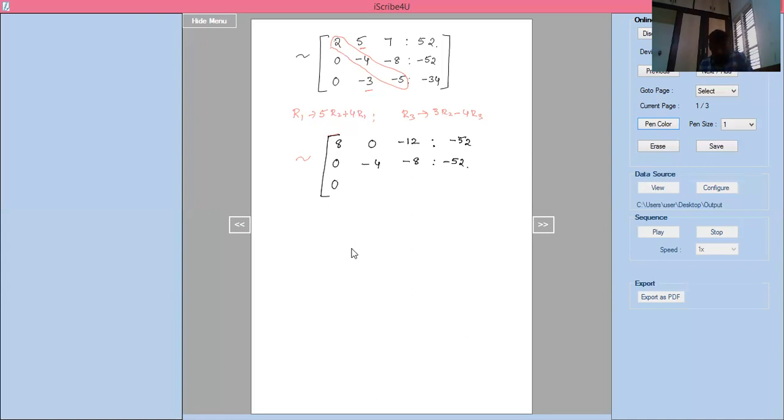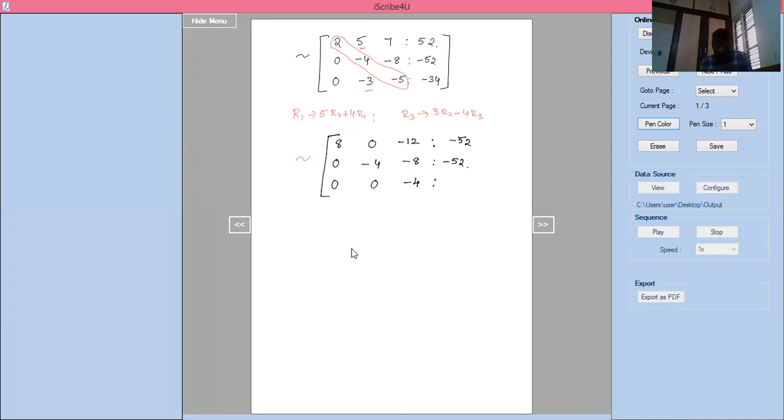3R2 minus 4R3 should be 0. 3R2 is nothing but 3 into 8 is minus 24 plus 20, is nothing but minus 4. Next one should be 3R2, 3 into minus 34 plus 4 into 52.